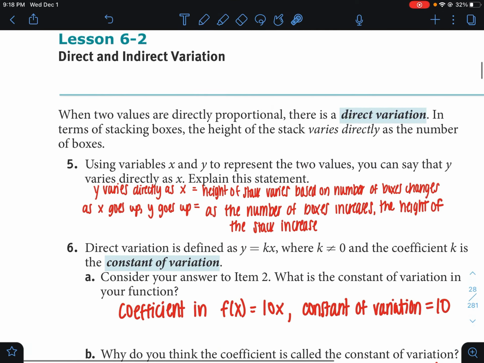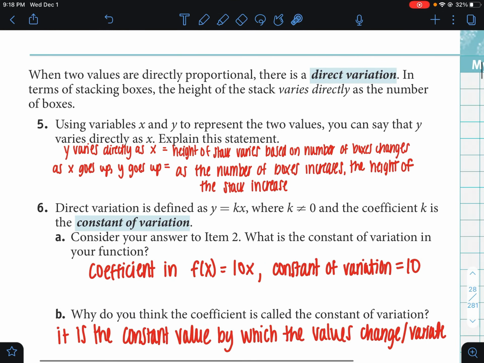Moving on down here, again, it's this concept called directly proportional. When they are directly proportional, there's what's called a direct variation. In terms of this example, the stacking boxes and the height of the stack, the height of the stack varies directly as the number of boxes, meaning the height is dependent on how many boxes.